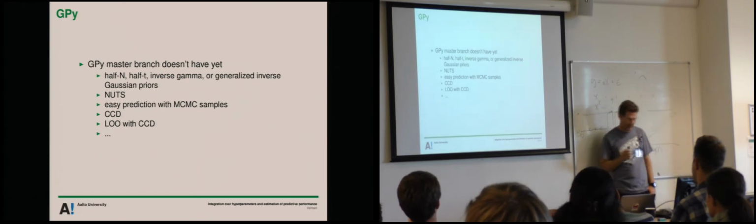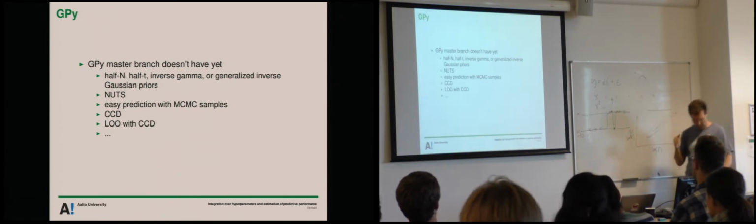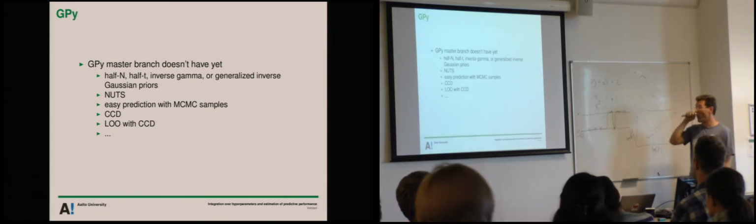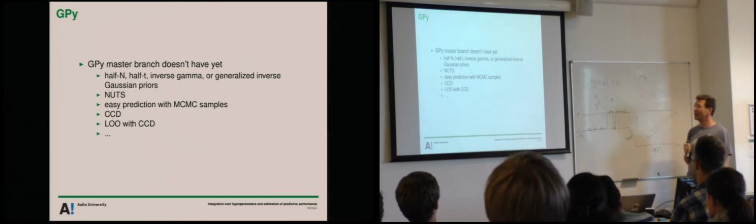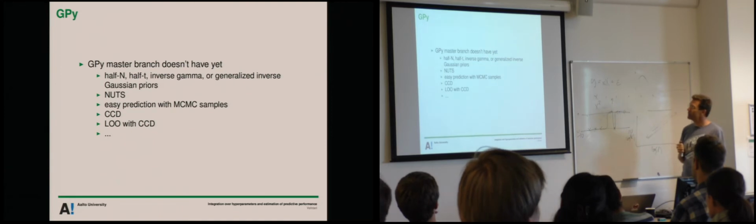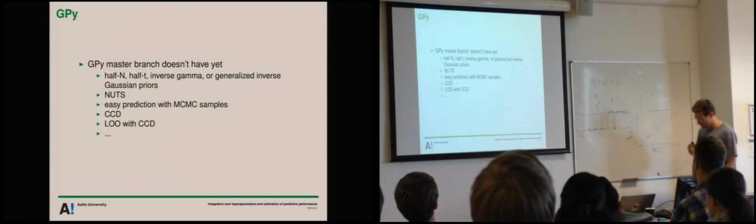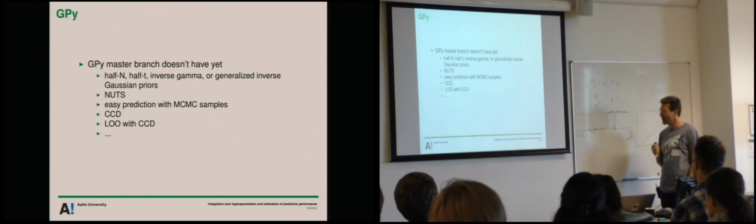GPy has Hamiltonian Monte Carlo, but it doesn't have no U-turn sampling. I'll show you soon why that's a much better option for sampling. It doesn't have easy predictions with MCMC samples yet. CCD is also in a branch which is not yet in the master.